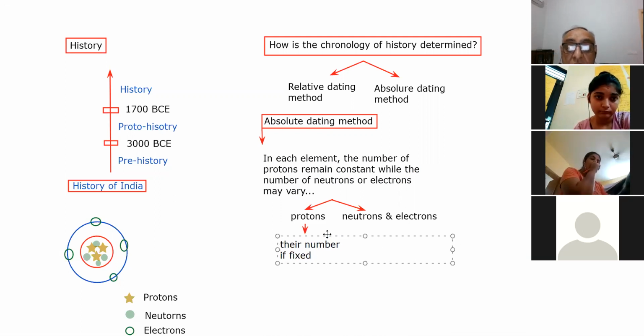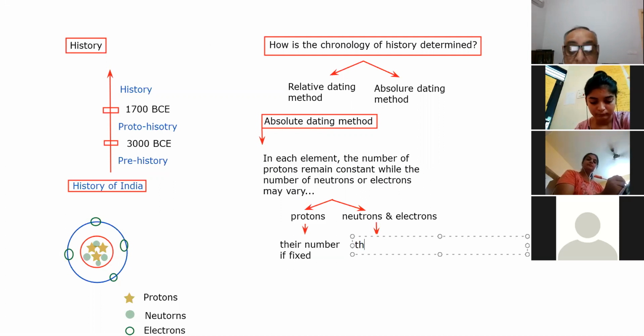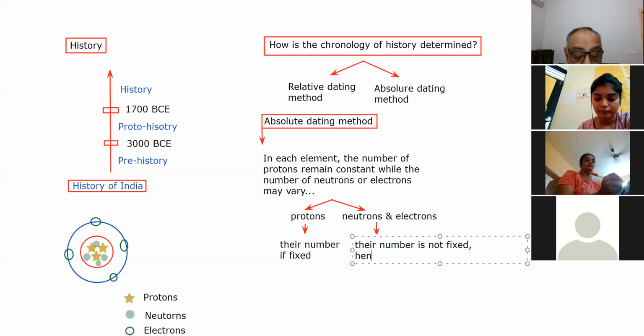And as far as the neutrons and electrons are concerned, their number may vary. Their number is not fixed. So वो vary कर सकता है और ये fixed रहता है.